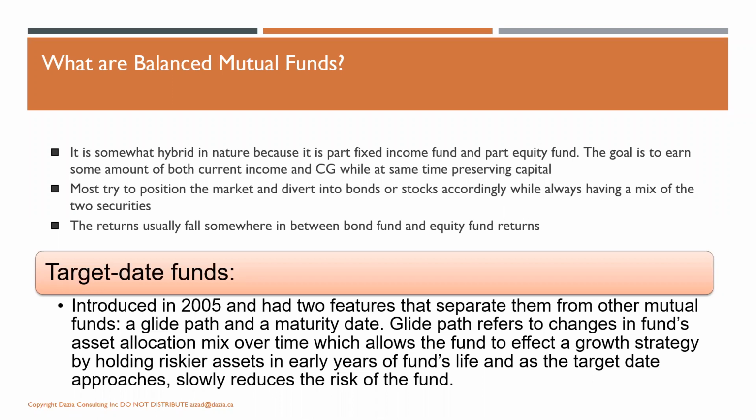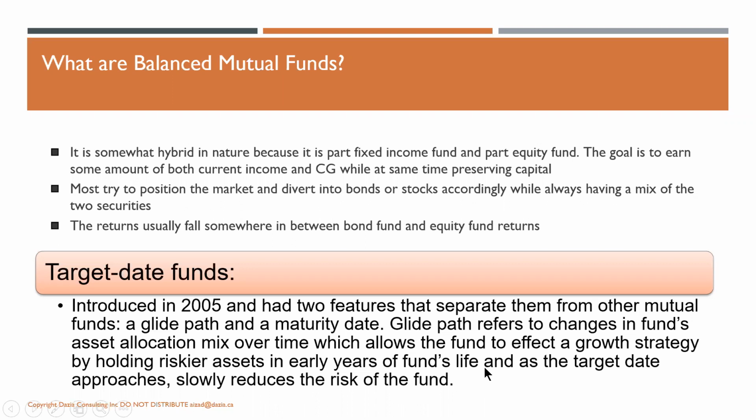The portfolio manager changes the asset allocation within it over time. This is called the glide path. Asset allocation is that pie we looked at, the distribution of the money in the fund, and it will change over time. It will reduce the risk of the fund as you approach the target date. Is that clear?